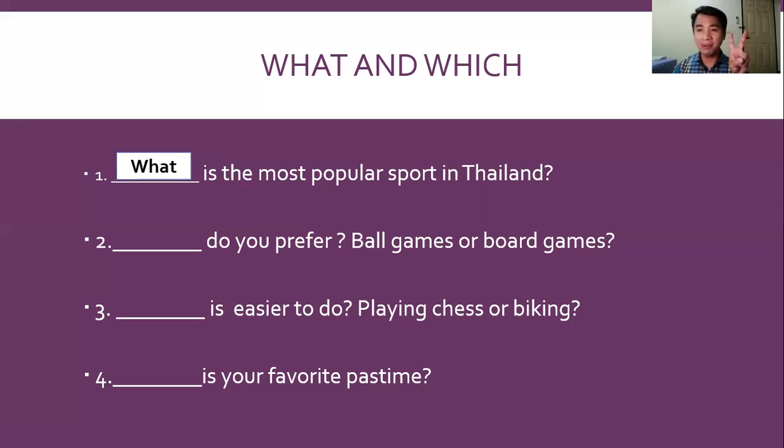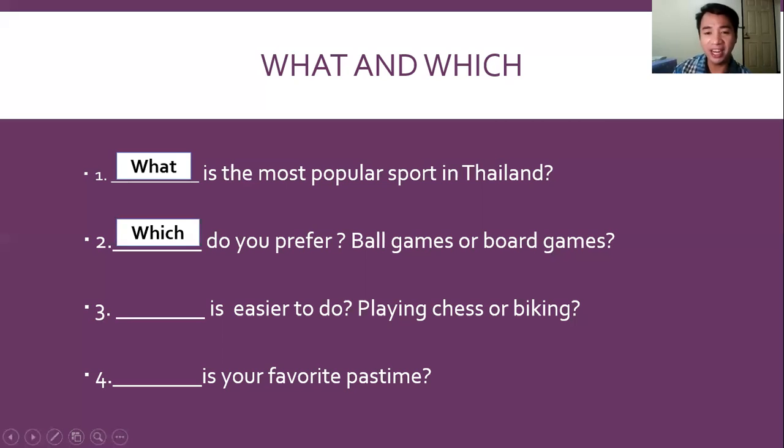Okay? For question number two, look at the screen. Blank, do you prefer ball games or board games? So you have two different choices. So what will you use? What or which? What is your answer? The correct answer is which.